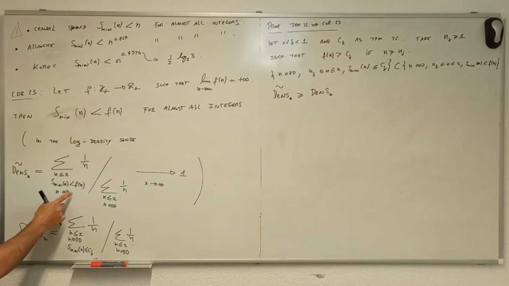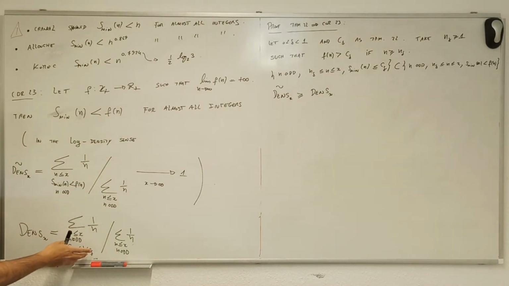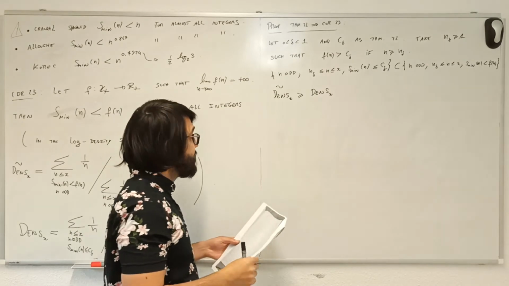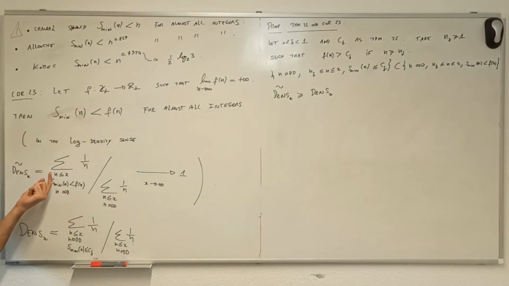So what's the difference between these two? Well, density x would be the stuff that is less or equal than f of n. So what you do is you take density x, you start from n delta, so you lose a term.